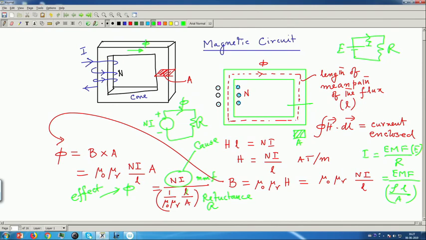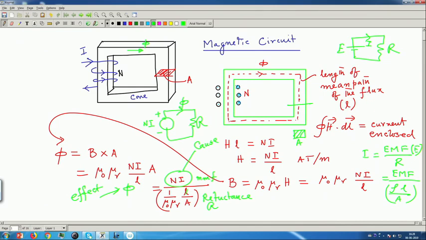Therefore, in a simple excitation with DC current, this value of the flux, whatever you get if you divide the MMF by the reluctance, will be constant and its direction will also be fixed. In this case, it is clockwise.